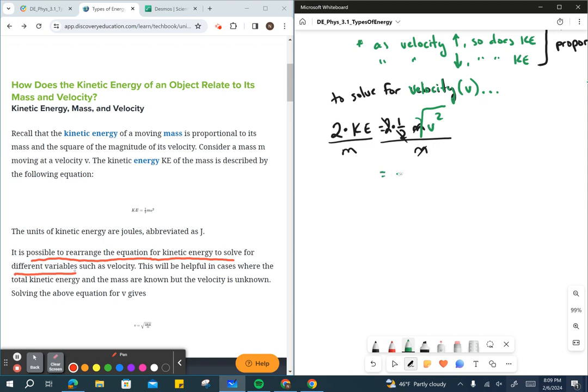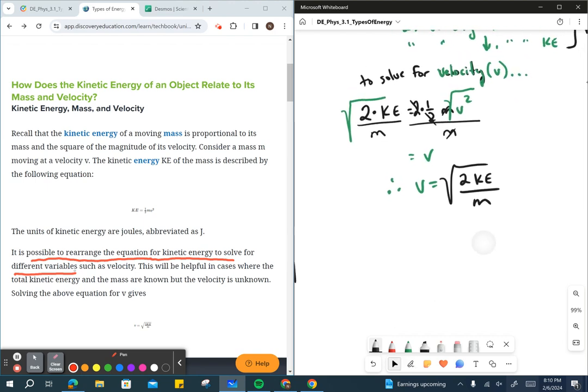That's just going to leave me with v all by itself. If we clean this all up, therefore, velocity is equal to the square root of 2 times the kinetic energy divided by m. So we just did some rearranging of our formula to solve for that.